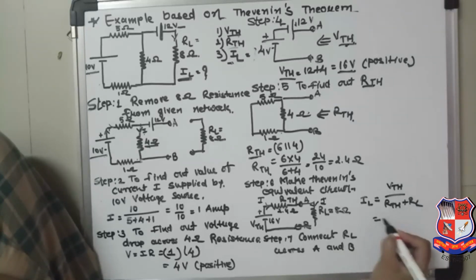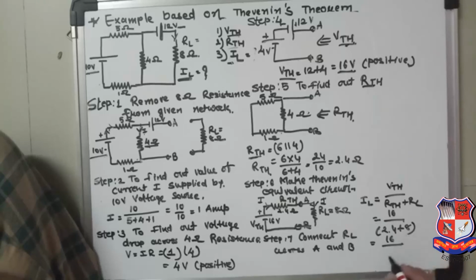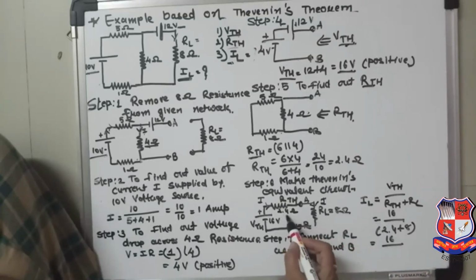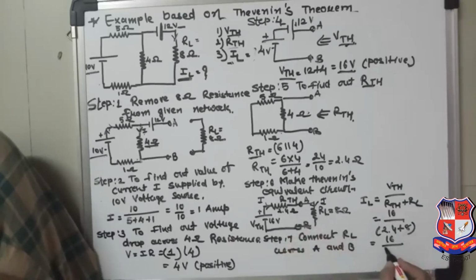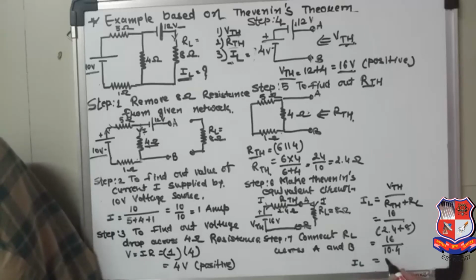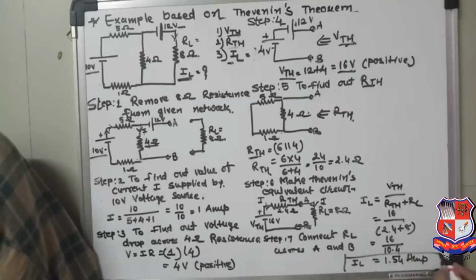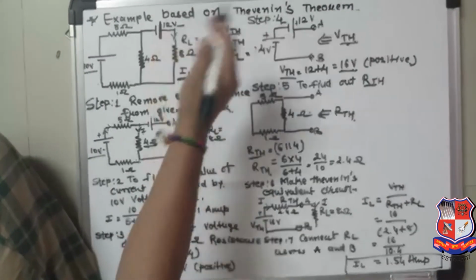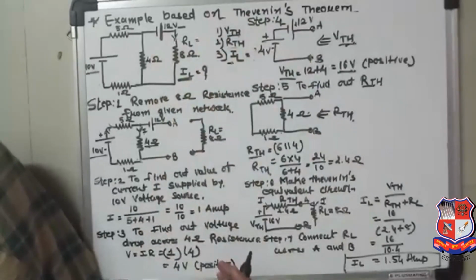VTH is equal to 16, and RTH plus RL is 2.4 plus 8. So finally 16 divided by 8 ohm in series with 2.4, so 10.4. So finally IL will be 1.54 ampere. So this way you can find out the value of the current passing through the RL by applying the Thevenin theorem. Thank you.